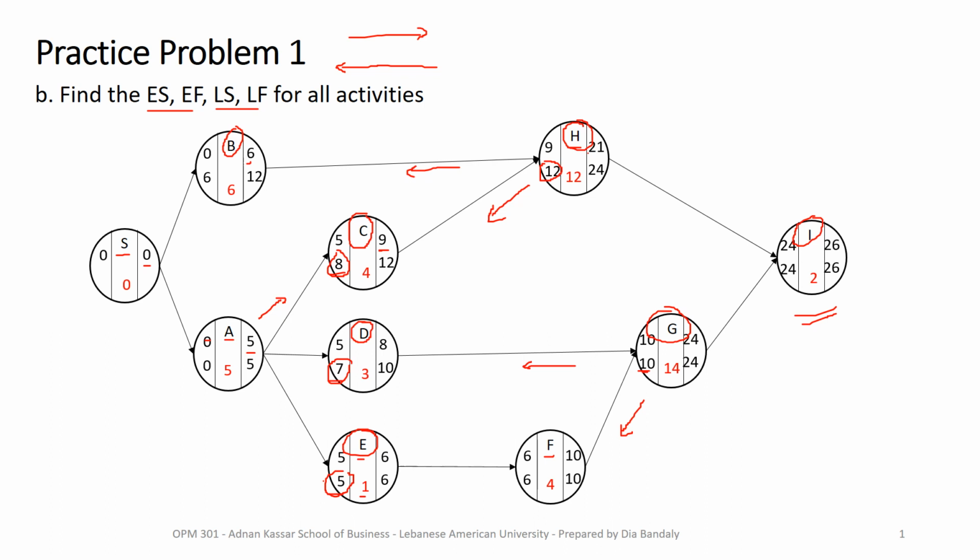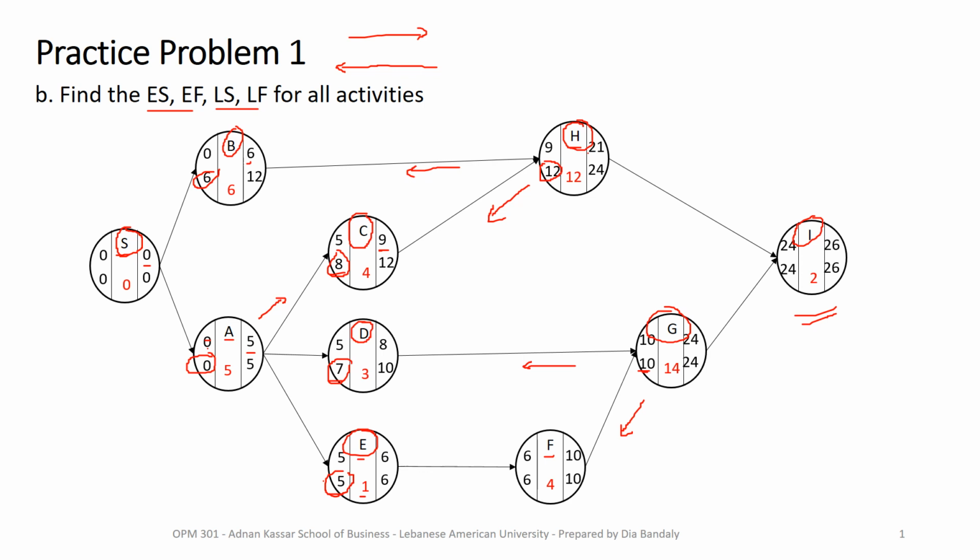Now, the starting activity is a predecessor for these two, which means the same logic applies. Its latest finish will be the minimum of these two values, this one and this one. So this will be 0, and 0 minus 0 is 0.